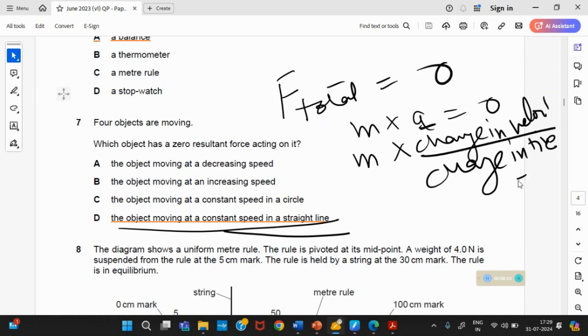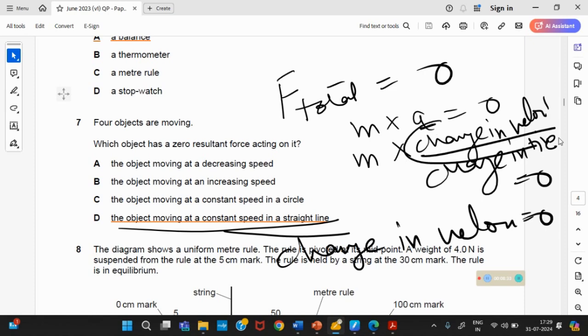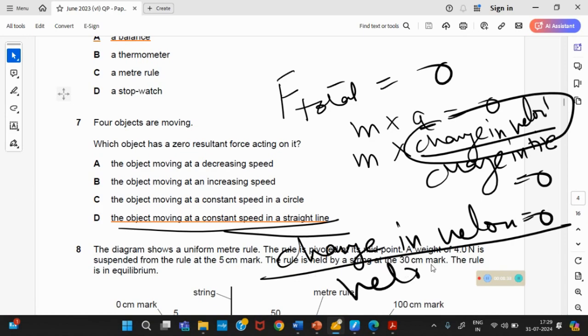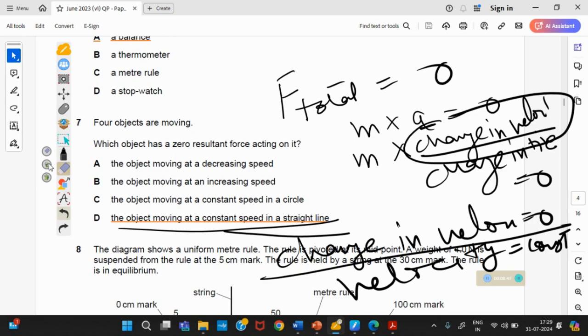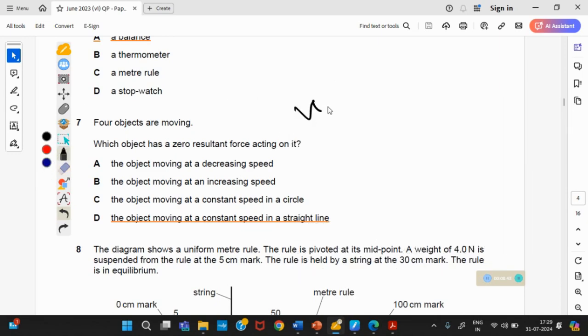Force is zero, so mass times acceleration is zero. It means change in velocity divided by change in time is zero, which means the change in velocity is zero. Change in velocity is zero means velocity is constant.